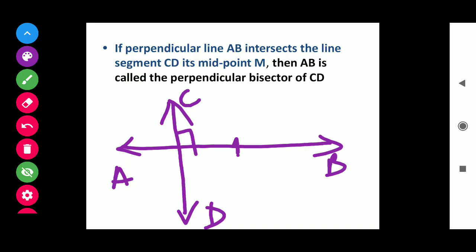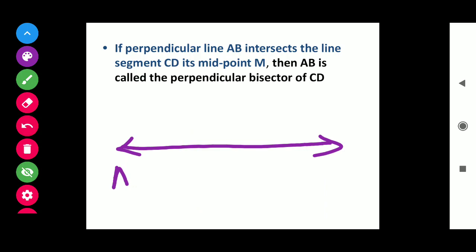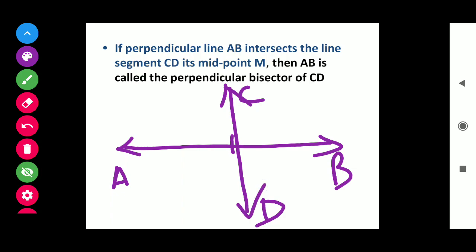So here CD is not called a perpendicular bisector. It will be called a perpendicular bisector only when it passes through the midpoint of AB. If it is like this, then only CD is called a perpendicular bisector. Understood?